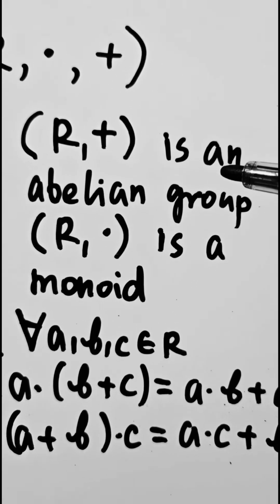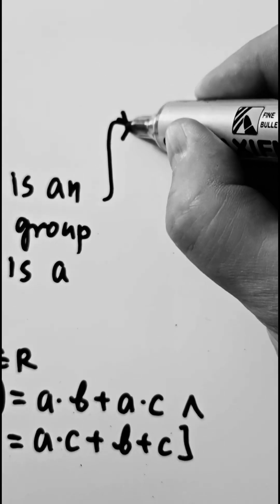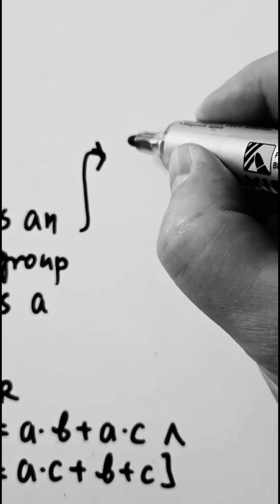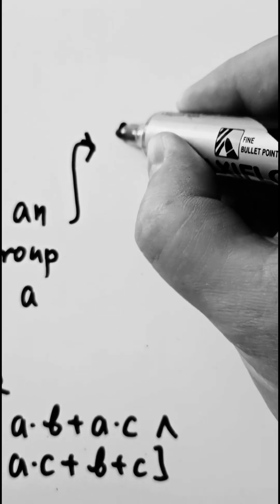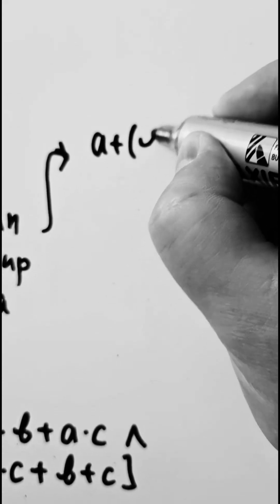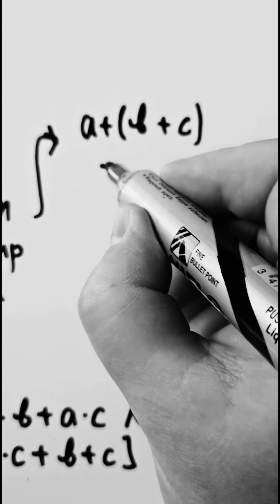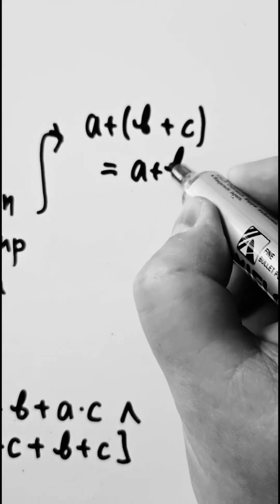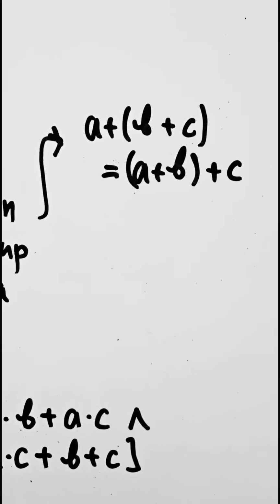R together with plus being an abelian group means that, firstly, the operation plus is associative. So (a plus b) plus c must equal a plus (b plus c).